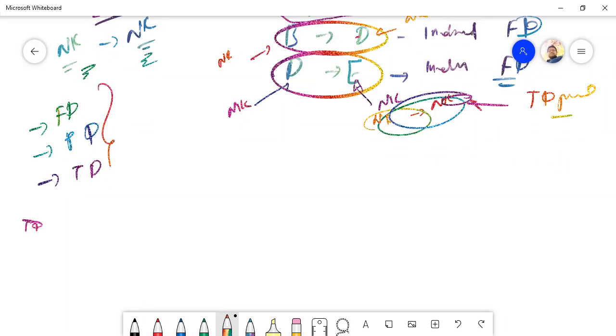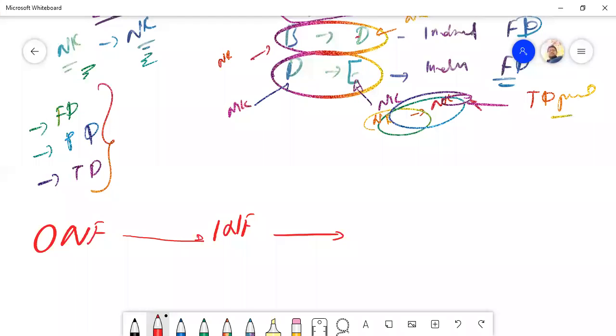We learned all these three now. Now, in a nutshell, I'm going to do one small chain here. My table is in 0NF. It should move to 1NF. It should move to 2NF. Then it should end in 3NF.